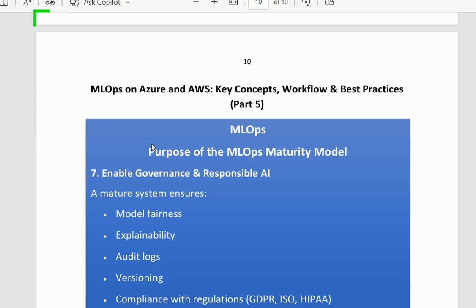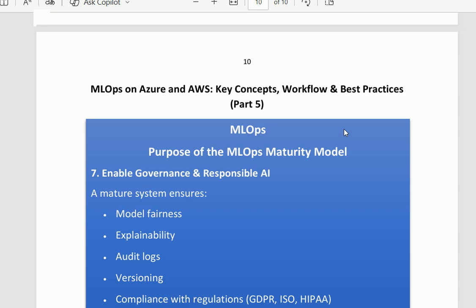The next one is to enable governance and responsible AI, because when we follow the standards of the maturity model in MLOps, it enables us to do governance and responsible AI. Responsible AI means that we are responsible for developing things that benefit humans.